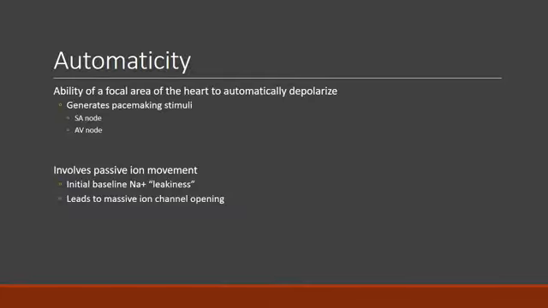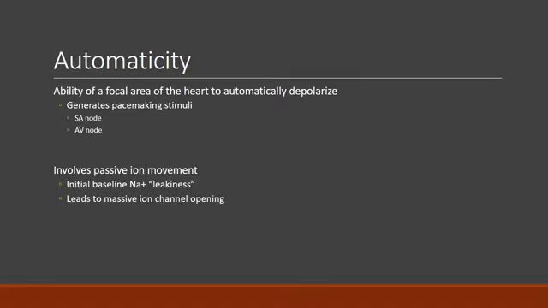Really what this automaticity involves is that these areas have a structure that allows passive ion movement. They're essentially parts of the heart where the membrane is leaky, if you will, and has naturally leaky sodium ion channels that allow passive movement of the sodium ions back in.